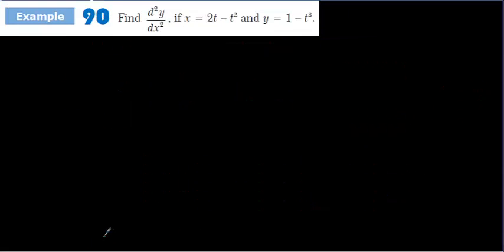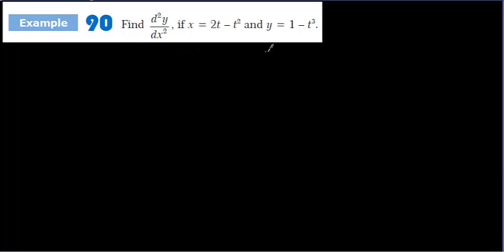Okay, the next question. Firstly I have to find dy over dx. dy over dx is equal to dy over dt over dx over dt.